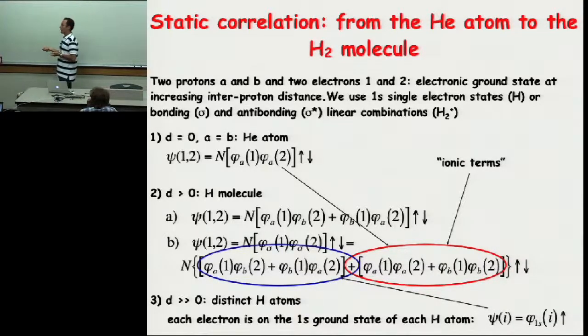Now, writing a functional of the charge density that does that implicitly is not that easy. So DFT plus U is a way to help, it's a correction that helps the exchange correlation functional kill these terms and localize the electrons on either side in the case of the hydrogen molecule.